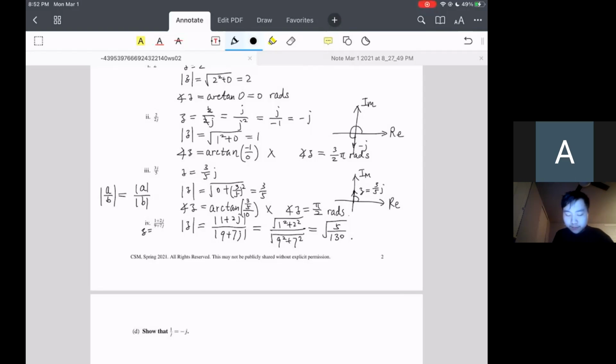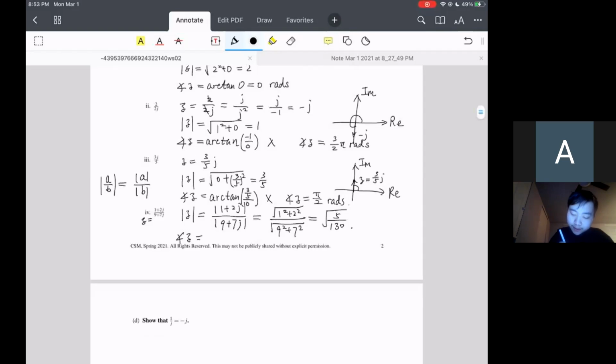And the angle of this complex number will then just be the angle of 1 plus 2j minus the angle of 9 plus 7j. Okay? Which is just the arctangent of 2 over 1 minus the arctangent of 7 over 9.